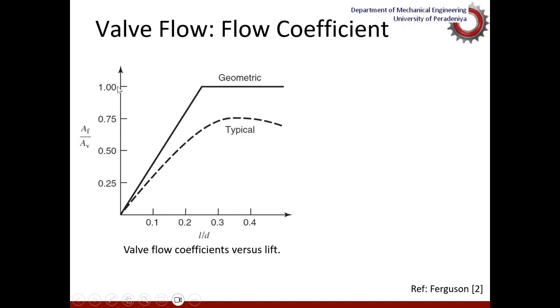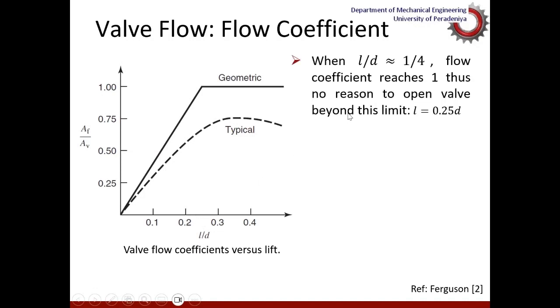So the coefficient becomes 1 when the L over D ratio is around this point, approximately 0.25. So when L over D equals 1 over 4, then the flow coefficient reaches 1.